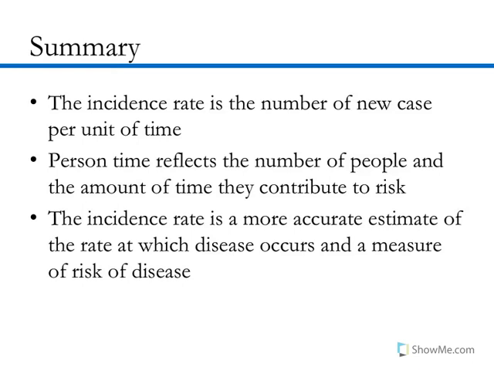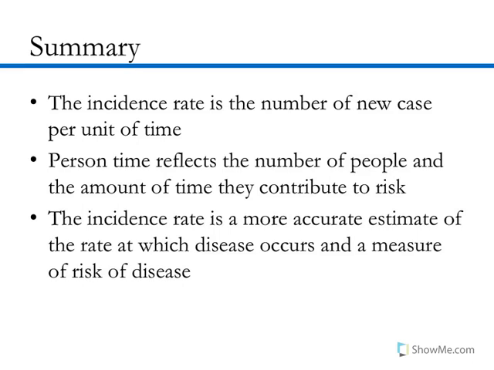The incidence rate is a more accurate estimate of the rate at which a disease occurs and a measure of risk of disease. And if we compare this to prevalence, which is a measure of burden of disease, the incidence is risk of development of new disease in our population. So the higher the incidence rate, the higher number of new cases we'd expect to see over a period of time, whereas the lower we'd expect to see a lower number of cases over a period of time.